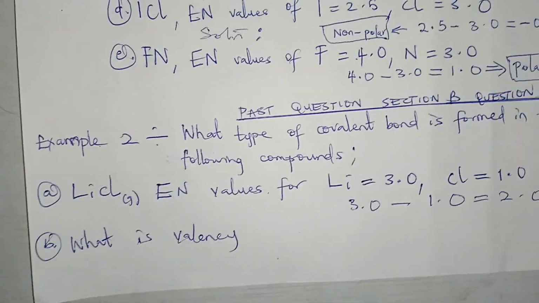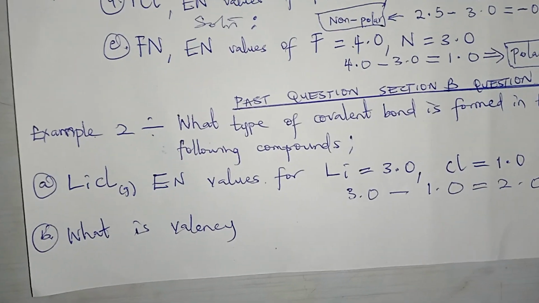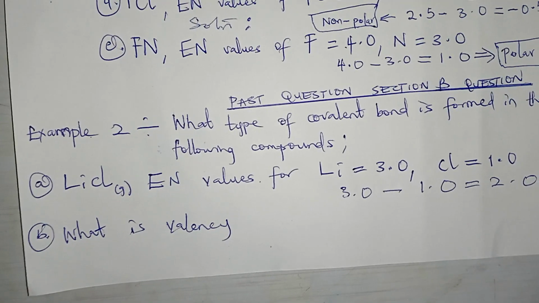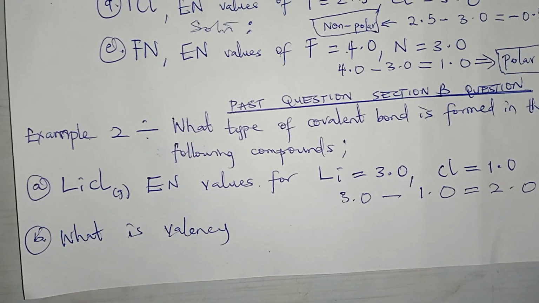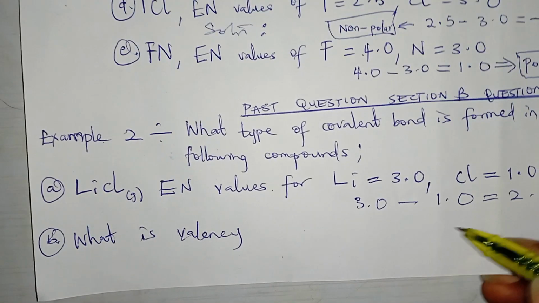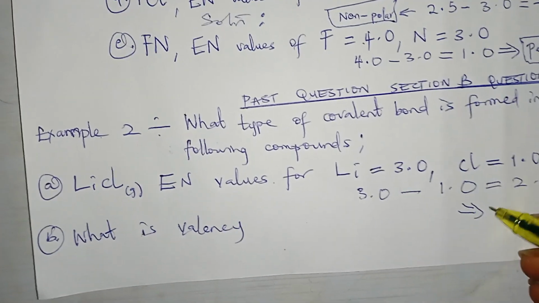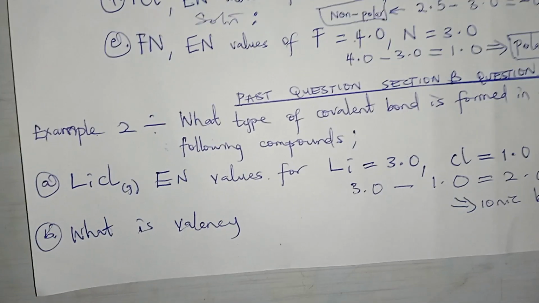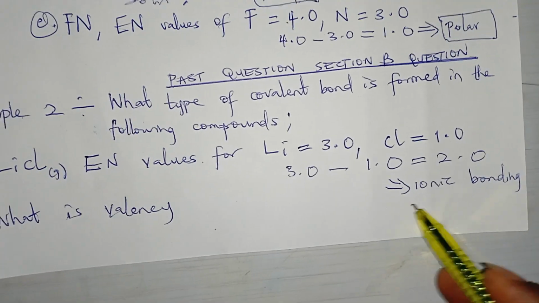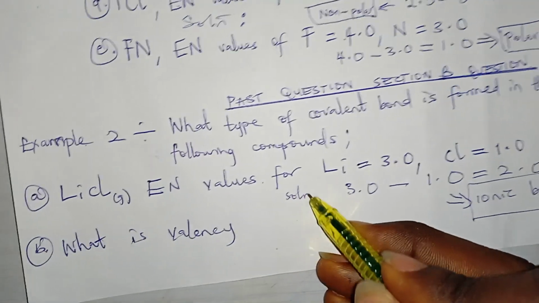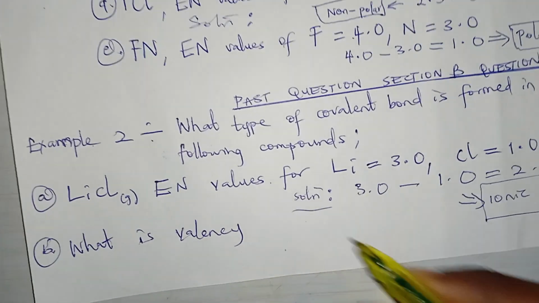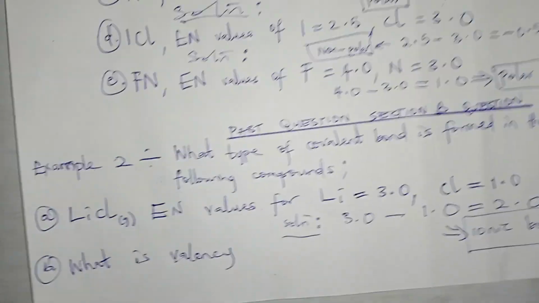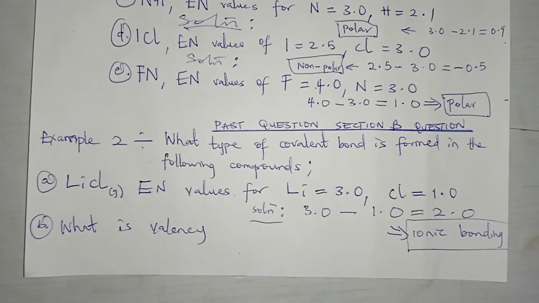This will give me 2.0, and 2.0 is above 1.9. So that means that this is an ionic bonding. So this is my solution. This is an ionic bond.